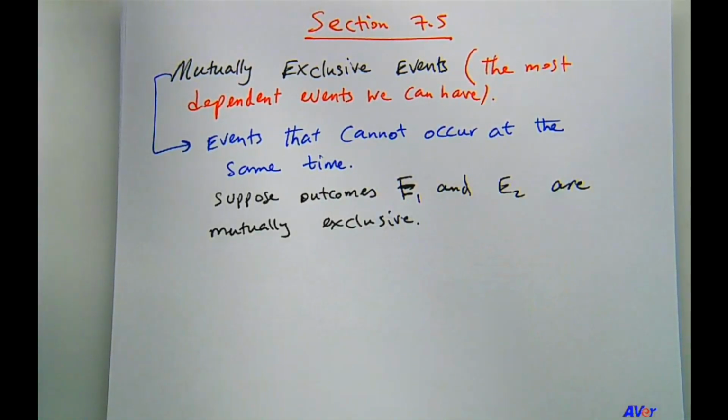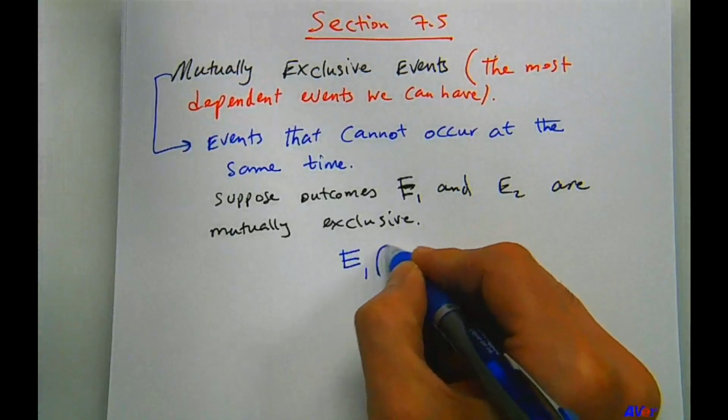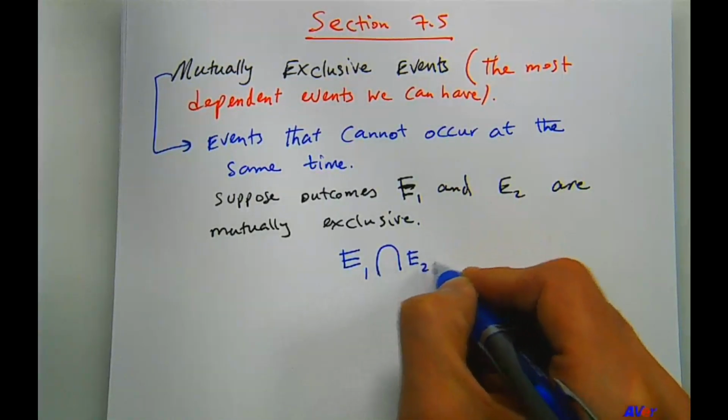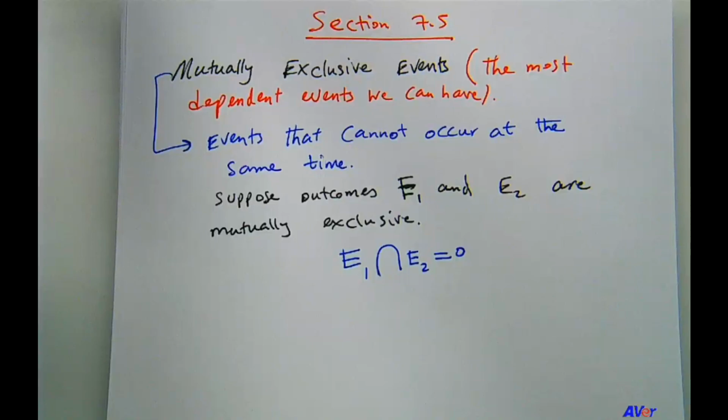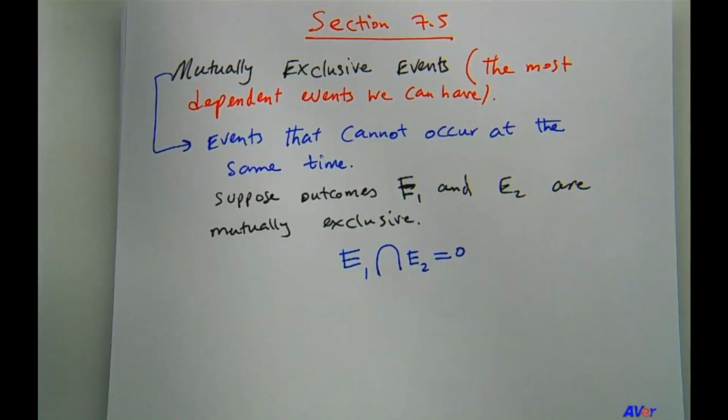How do we show this symbolically? Well, we say that E1 intersection E2 is equal to 0. This means that they cannot overlap. If they cannot overlap, that means they cannot occur at the same time, so they are mutually exclusive.